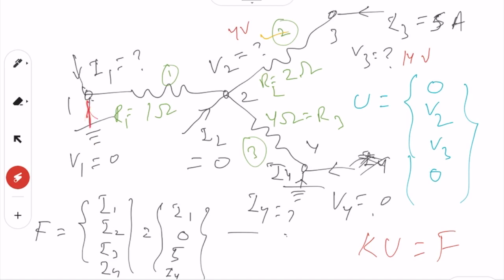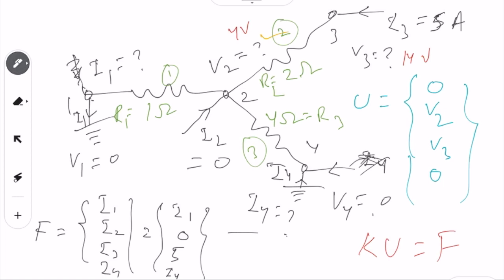Let me correct it first. Basically I1 has to be here, because this is connected here. So don't be confused this way. So this is I1.